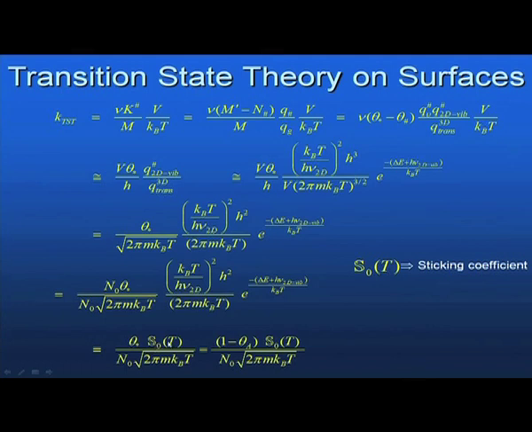What is the sticking coefficient? I am coming to that. So the sticking coefficient, which is a function of temperature, divided by twice pi m kB T. So basically now you write in place of theta star, 1 minus theta, as I told earlier.